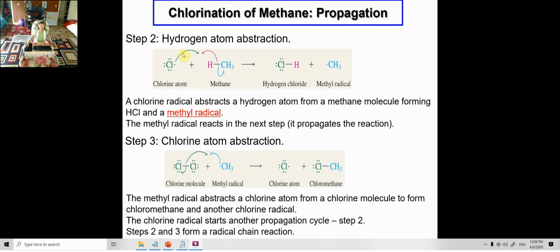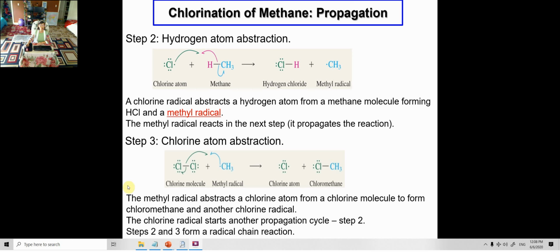So again, let's continue our lecture. Step 2, hydrogen atom abstraction. In the first step, dissociation, your chlorine atom is formed. This chlorine has one electron which is not paired. It's seeking another electron.